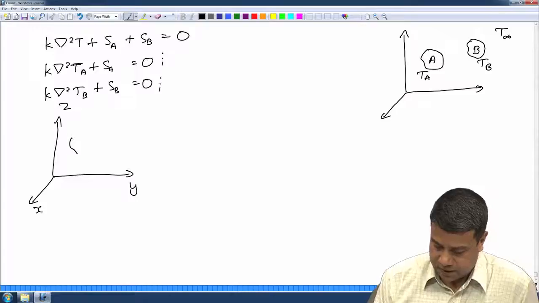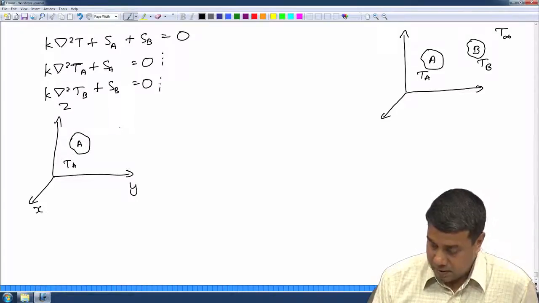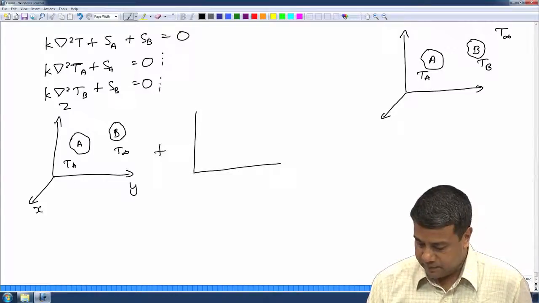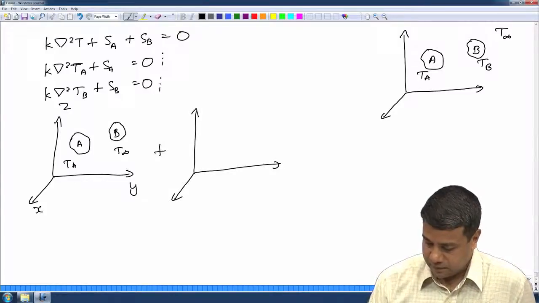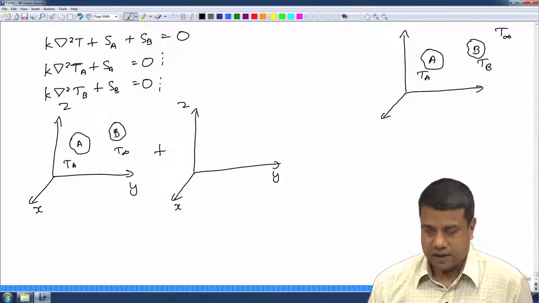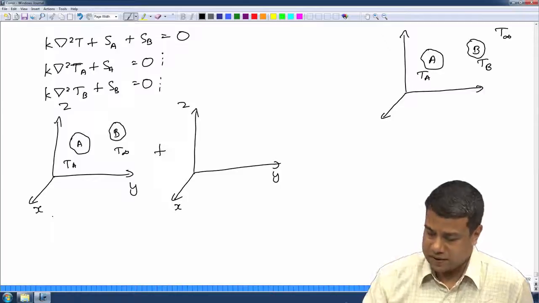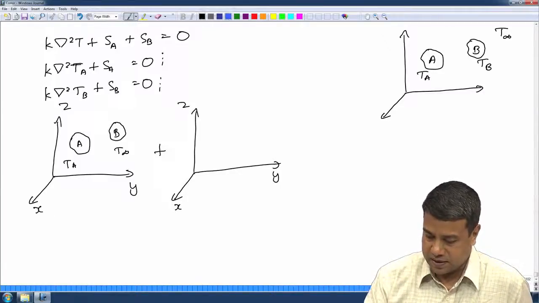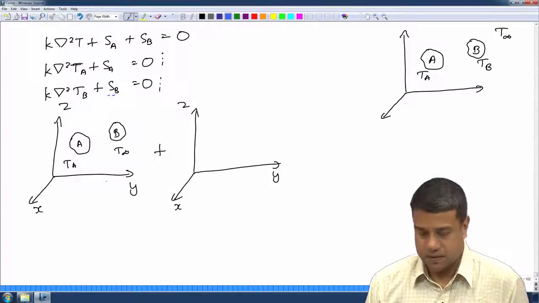One is where I have object A with temperature T A and object B with temperature T infinity, plus the second one. So, the net flux coming out of the second object has to be equal to 0 when I do this decomposition.